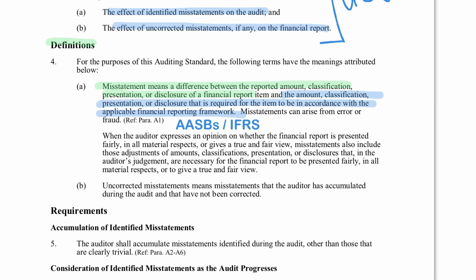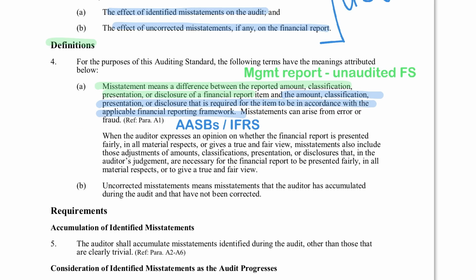So it's the difference between what management report. When it says reported amount, essentially that's management's report, what they put in the unaudited financial statements, and what we believe is the appropriate amount.